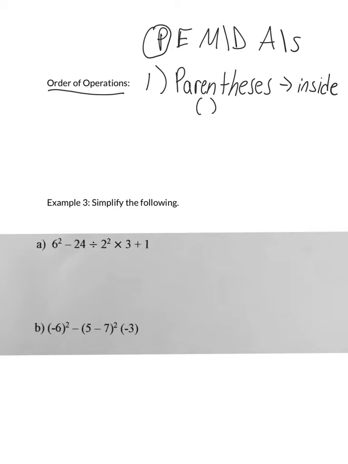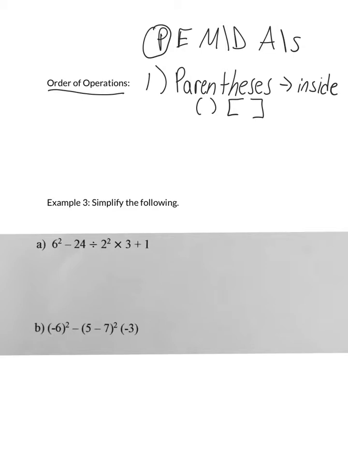It could be open parentheses, but it could also be those solid brackets. Solid brackets are a type of parentheses. If you see any type of grouping symbol, you will always do inside those parentheses from left to right first. When I say from left to right, I mean if you have multiple sets of parentheses, you would do the parentheses on the far left first.